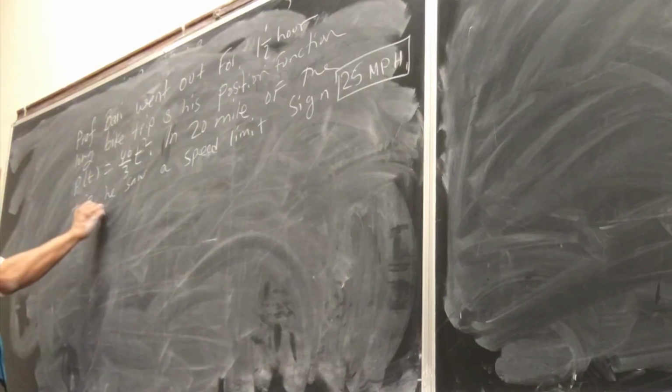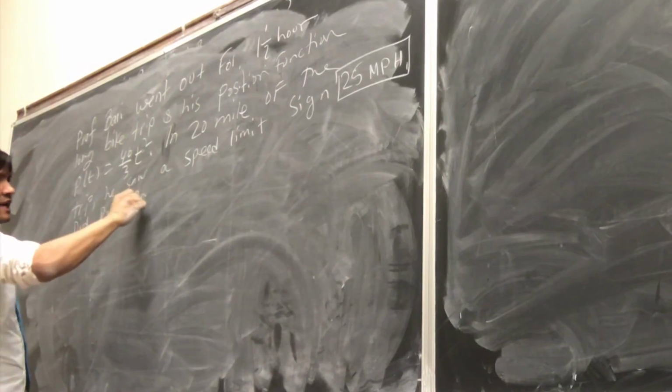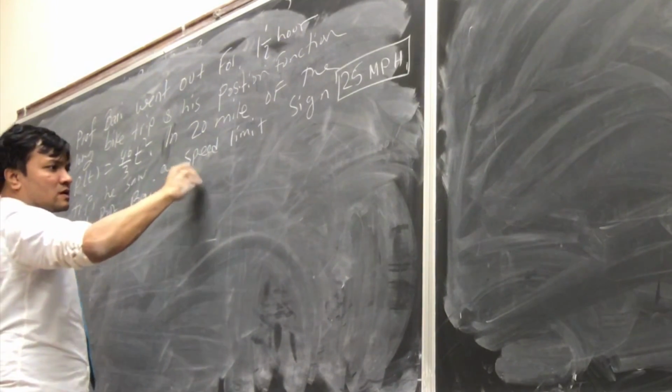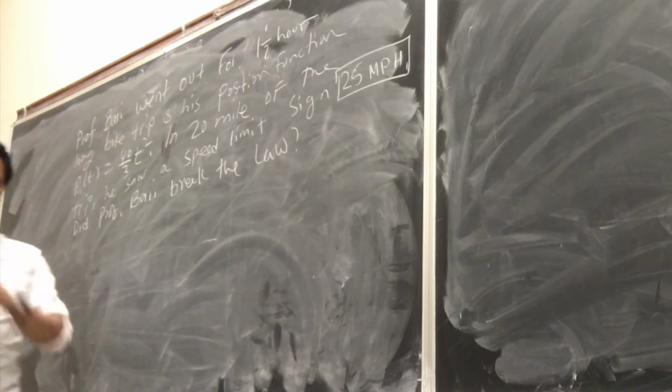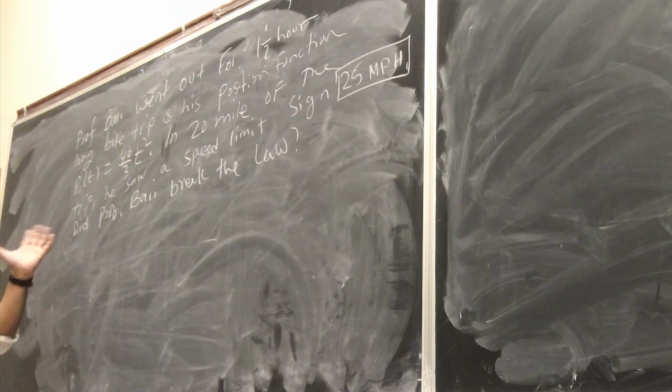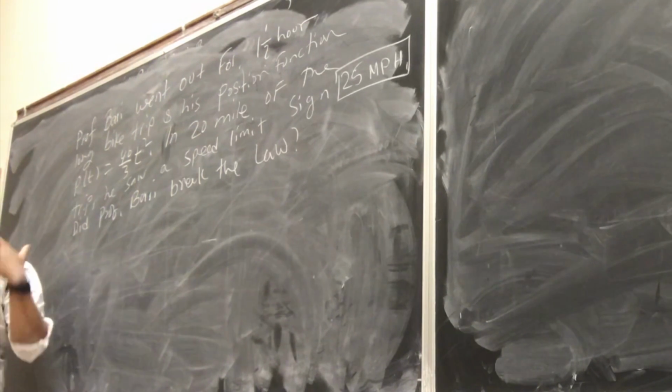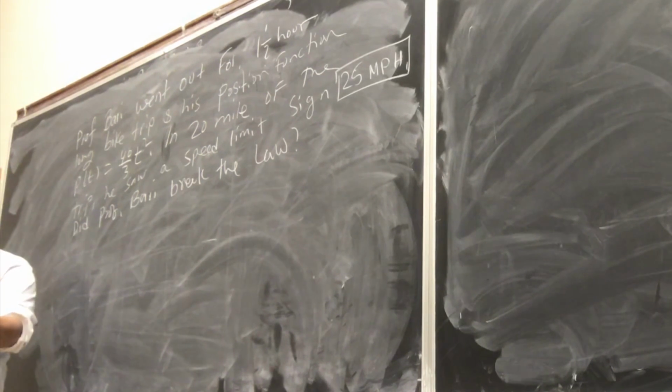Did Professor Bari break the law? I want you to first make your transition from algebra to calculus even smoother. You're going to make a transition to calculus by hugging the algebra.